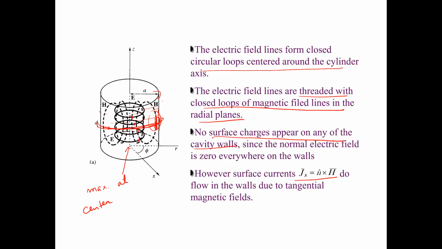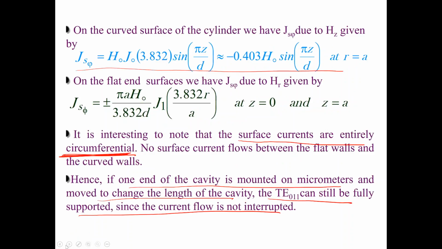So that means I can put the top conductor separate from the side walls. I don't need it to be connected to the side walls, and I can move that conductor up and down, and I would not create any breakage of the current path, and thus the TE011 mode can still be fully supported.